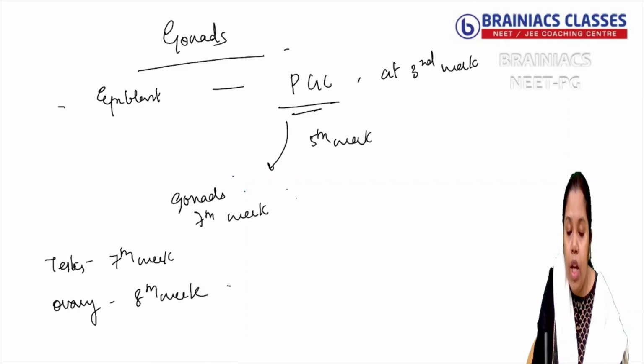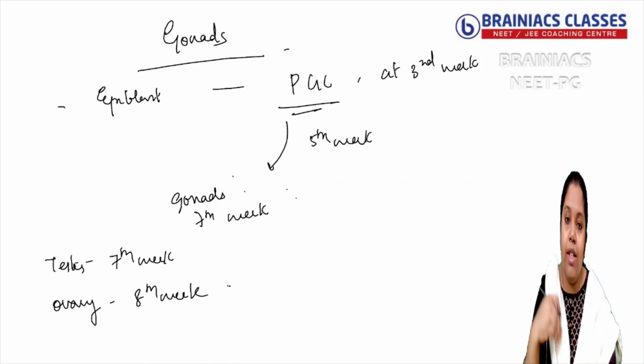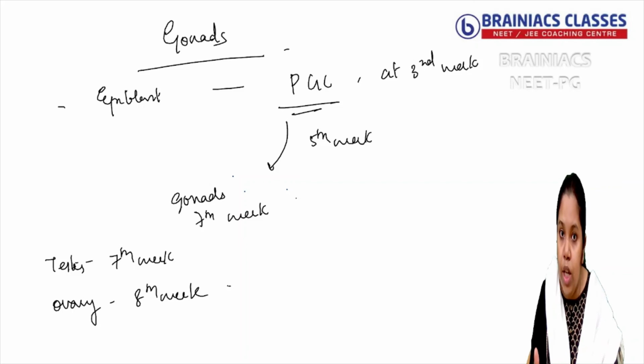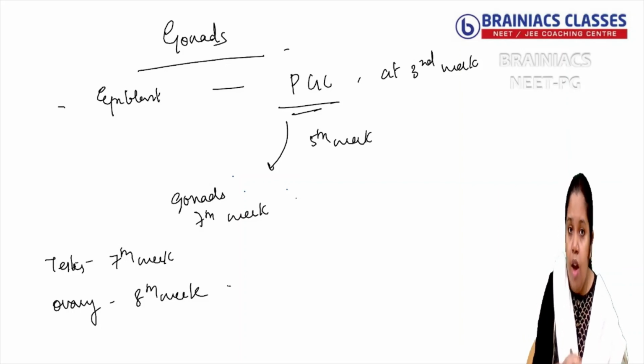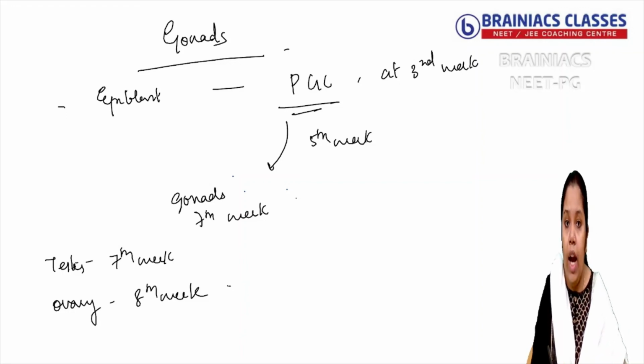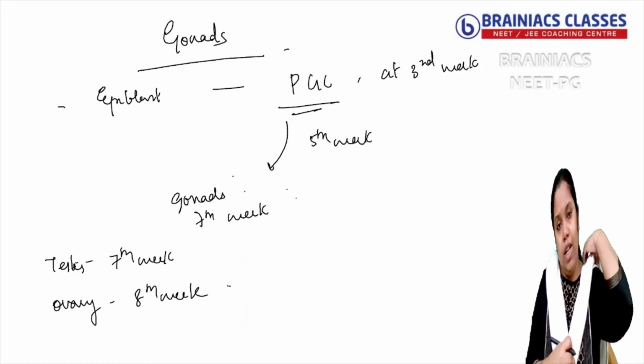Okay, understand? So the epiblast cells will give rise to the primordial germ cells at 3rd week of the development of the embryo, which will migrate by 5th week towards the gonads, and reach the gonads by 7th week. From the 7th week itself, the testis will develop, and from the 8th week, the ovary will develop, right? What about the external genitalia?